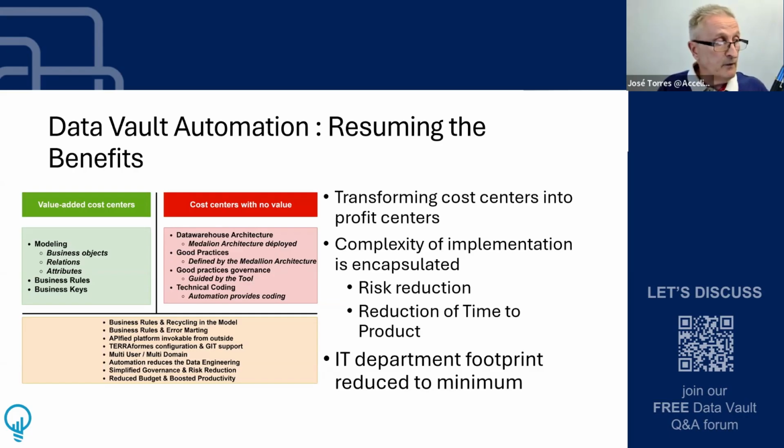You identify your business rules, and when you have done this job, you can begin implementing. And on the bottom, we have all the facilities that are provided with the Data Vault Builder automation tool. Globally, it brings a very little footprint at the IT department, and it is very productive.